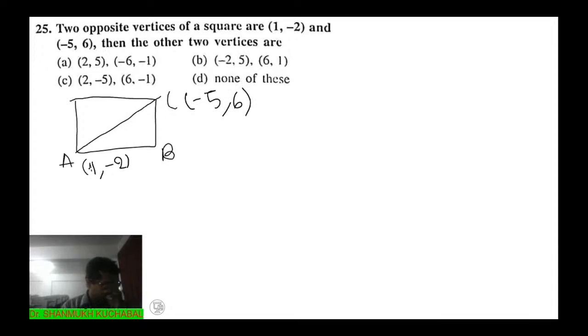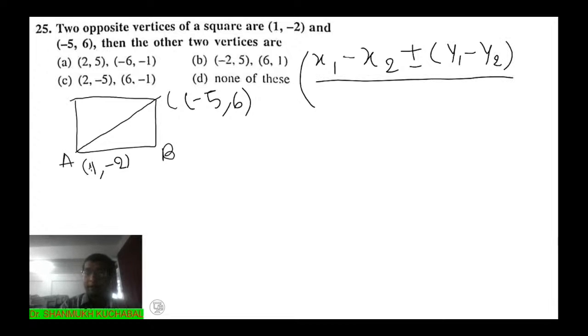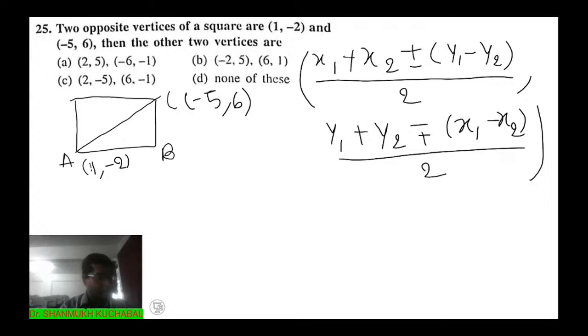The other coordinates we can find using the formula: x1 plus x2 plus or minus (y1 minus y2), divided by 2. Then here, y1 plus y2 minus or plus (x1 minus x2), and the whole divided by 2. Further, x1, y1 is (1, -2), x2, y2 is (-5, 6).